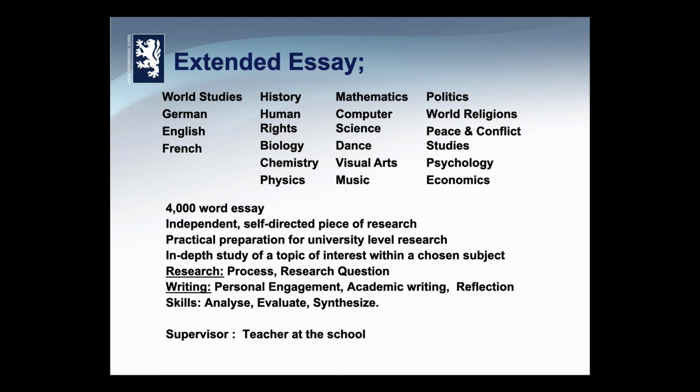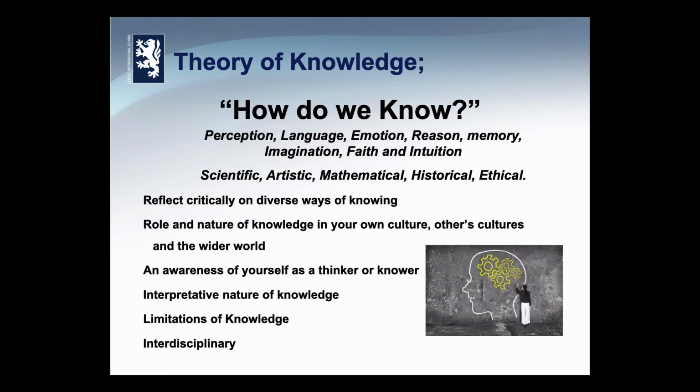The Theory of Knowledge, as I've said, is a course built around the question of how do we know, and it looks into two specific areas, really: how we gain knowledge through the ways of knowing, perception, language, emotion, reason, intuition, imagination, and the specific areas of knowledge, so mathematics, history, the arts, for example.